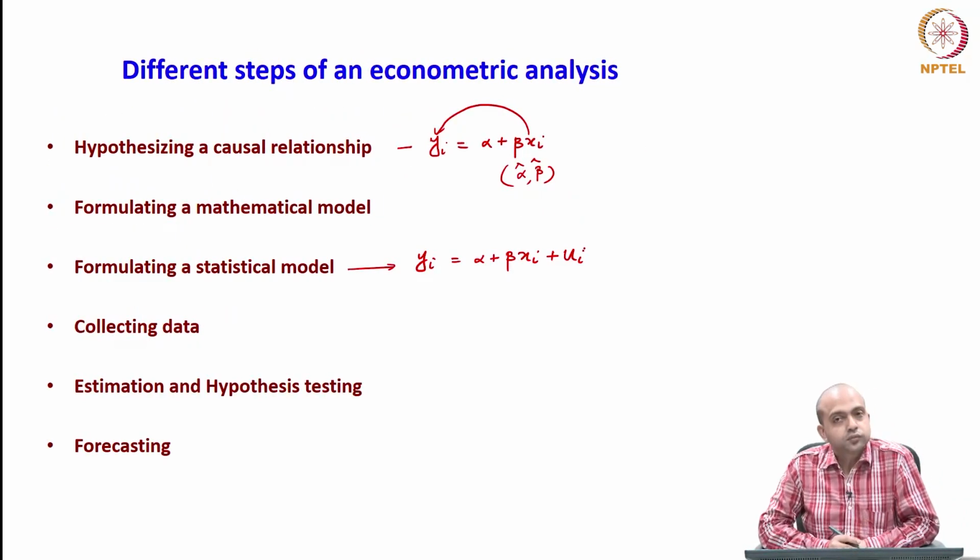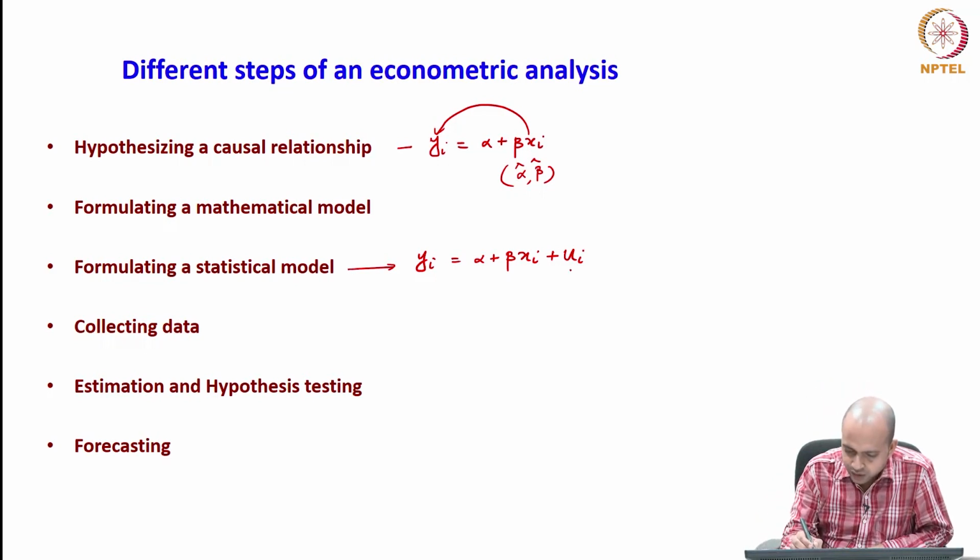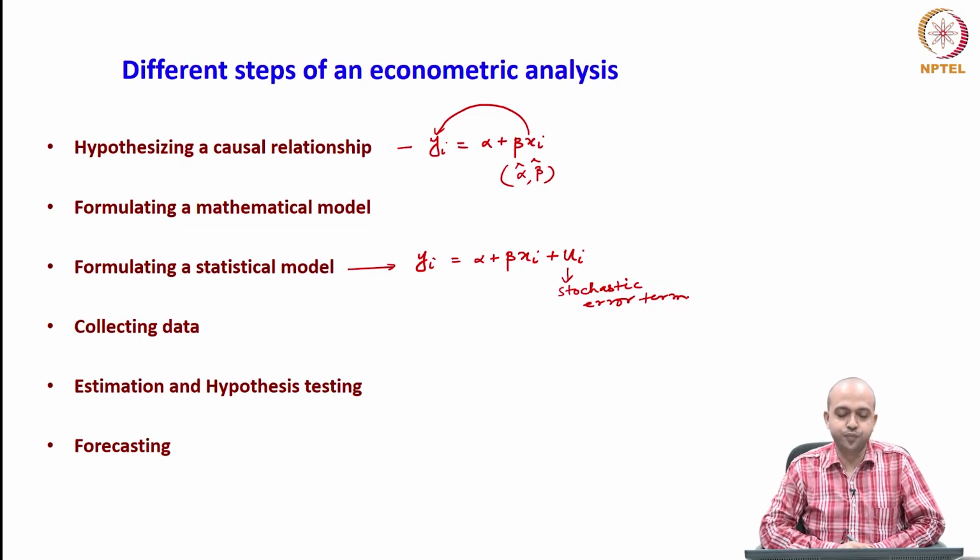This ui is called a stochastic error term, and that ui basically captures the influence of all other omitted factors that might also have some impact on your consumption, right.